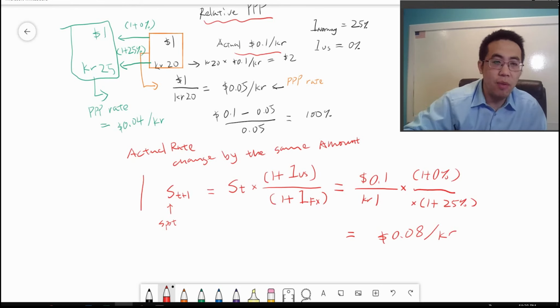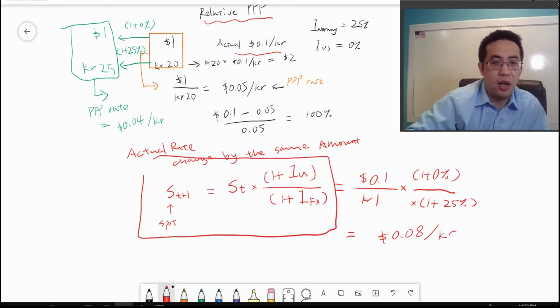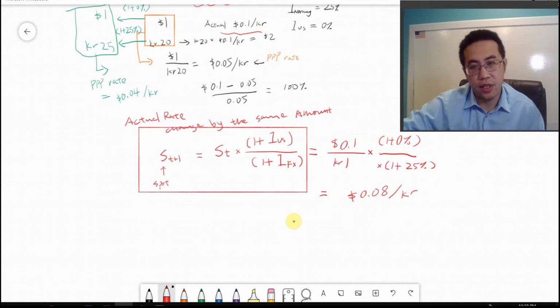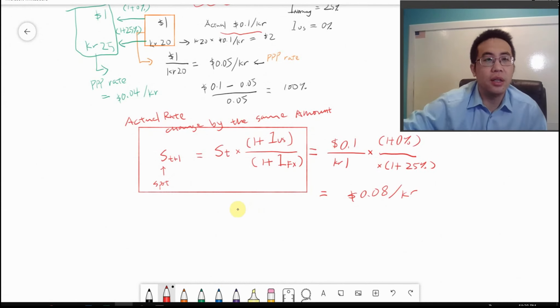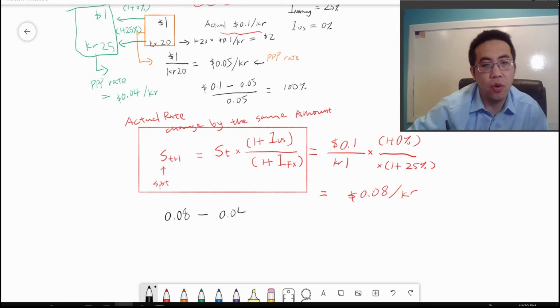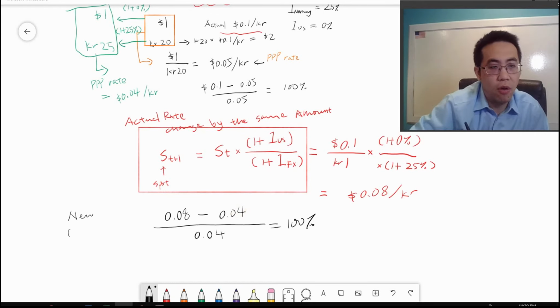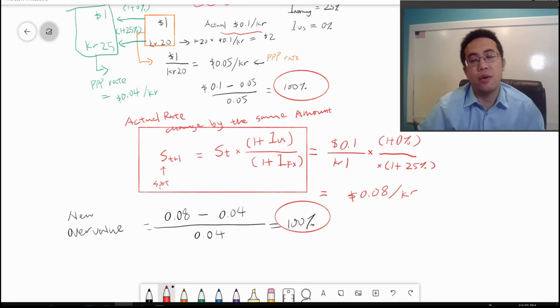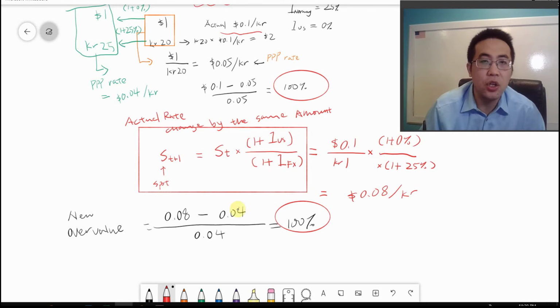Okay, so this formula will be tested, and how to use that formula is a very important part of this class. If I use this exchange rate, then what would happen to the undervaluation or overvaluation? So the actual rate has changed to 0.08 now, and the PPP rate is 0.04. That's the new one, divided by 0.04. That's the new overvaluation, and it is still 100%, just like it was 100% before the inflation took place.